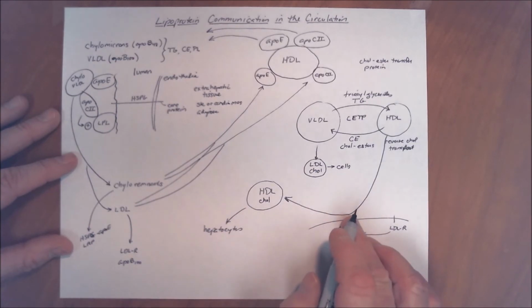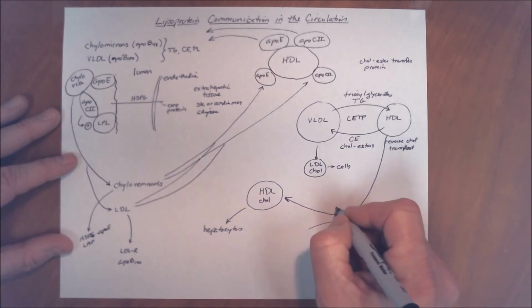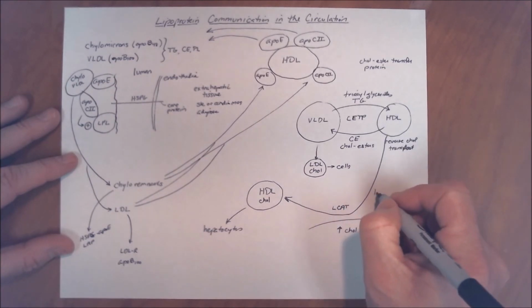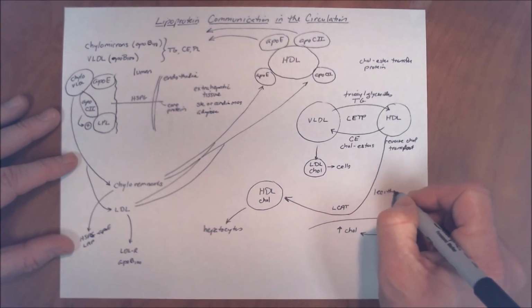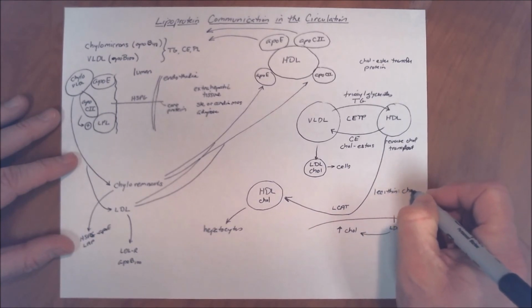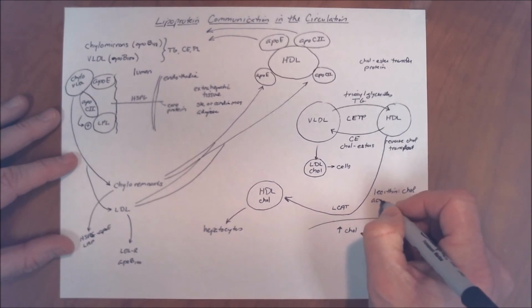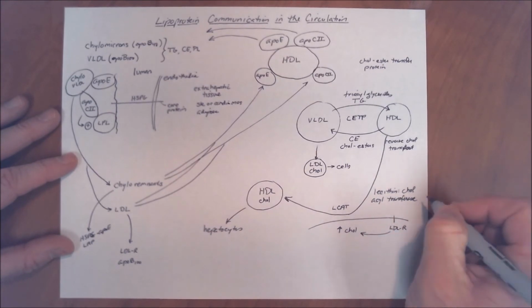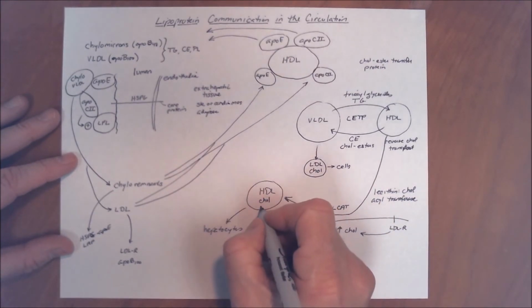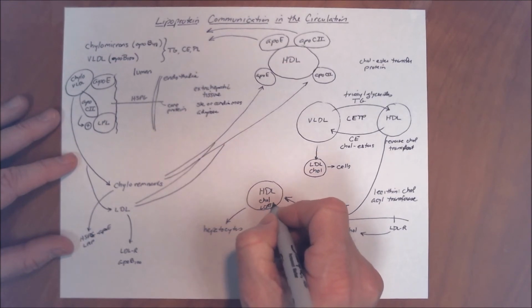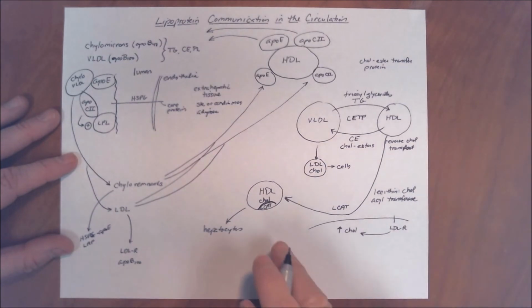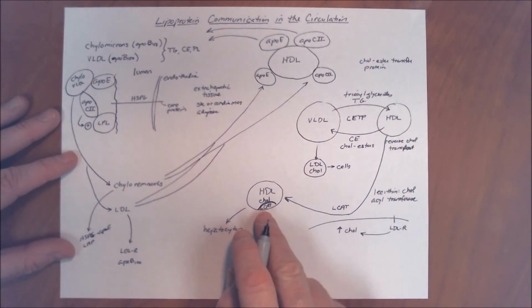Now this process is going to involve a very important enzyme called LCAT. And LCAT stands for lecithin cholesterol acyl transferase. This LCAT enzyme is associated with the HDL particle, and it's solving an important chemistry problem.